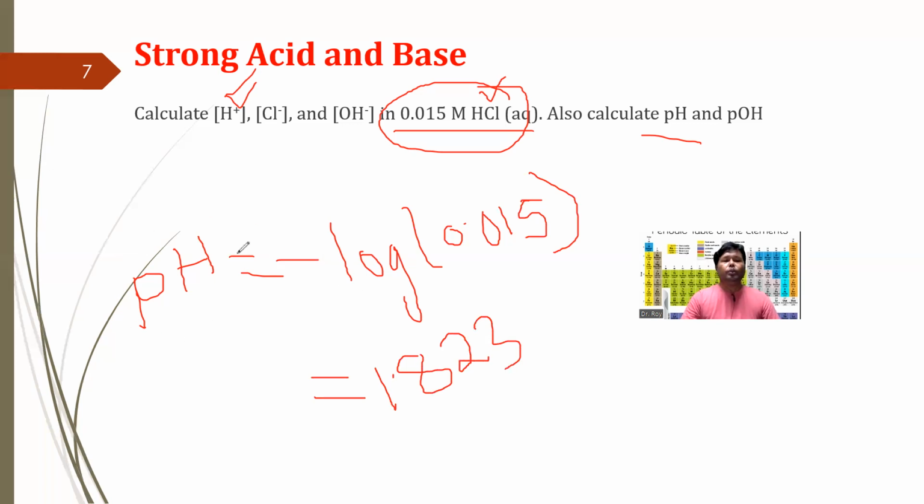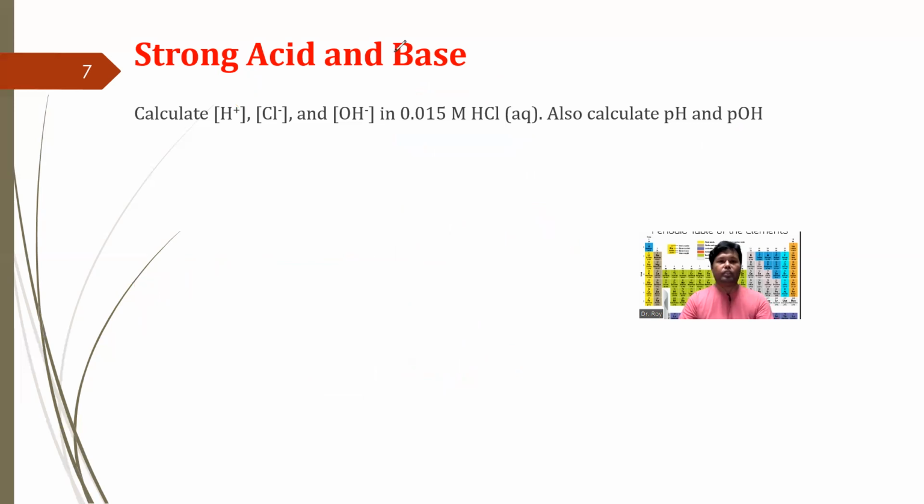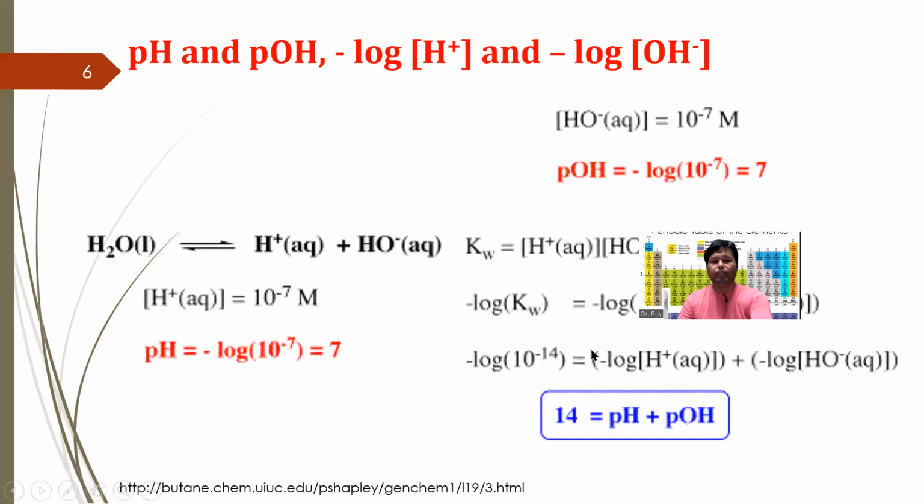So now we have the value of pH, but now you have to find the value of pOH. But here we have nothing mentioned about the concentration of OH minus. Do we have anything? No, but in the previous slide we have seen that pH plus pOH equals 14.